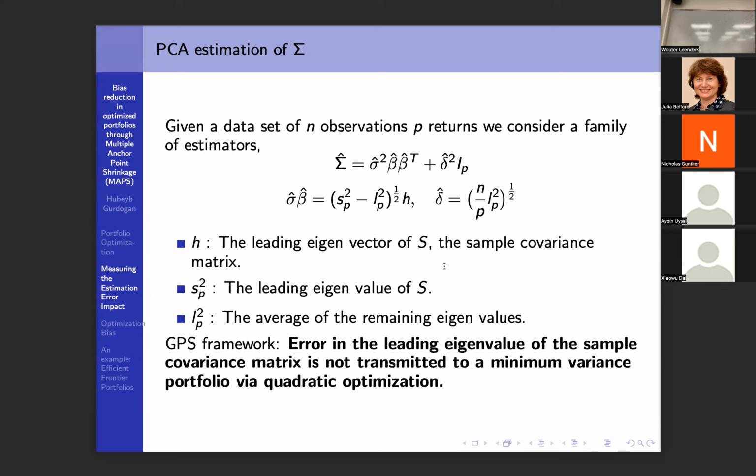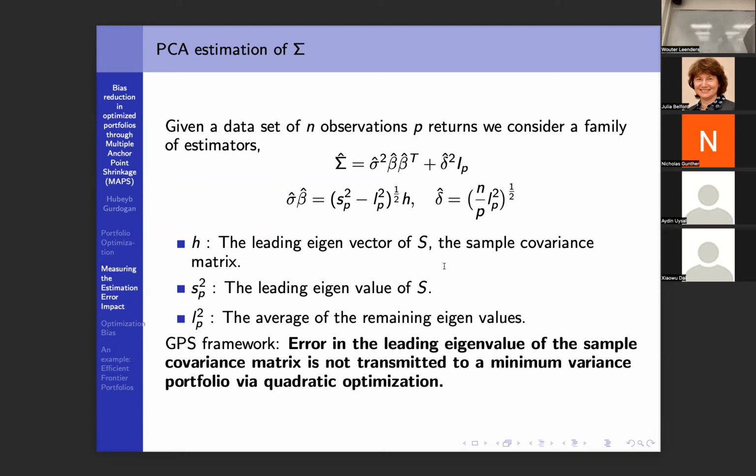But in the GPS framework, we see that the error in the leading eigenvalue is not really transmitting into the distortion of the minimum variance portfolio weights. And we are observing the same here, even though we have more than one constraint. So we'll not worry about the sampling error in the leading eigenvalue.